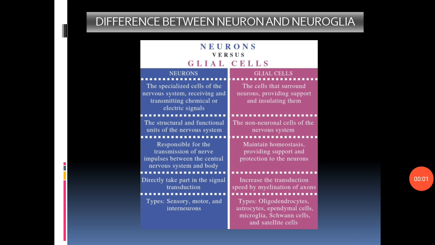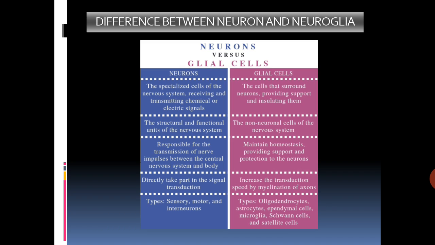So, what are the basic differences between neuron and neuroglia or glial cells? Neurons are the specialized cells of the nervous system receiving and transmitting chemical or electric signals. Glial cells are cells that surround neurons, providing support and insulating them.